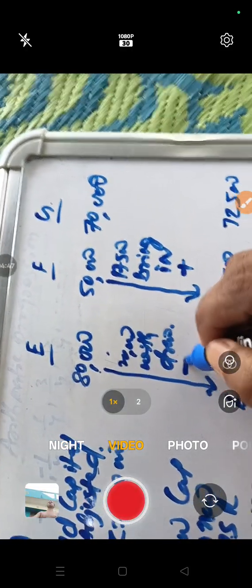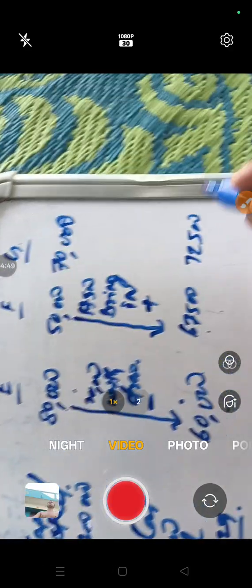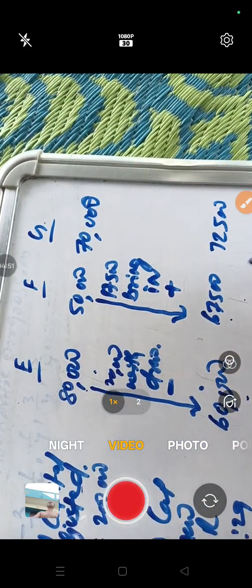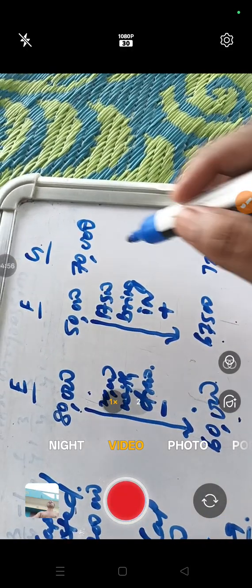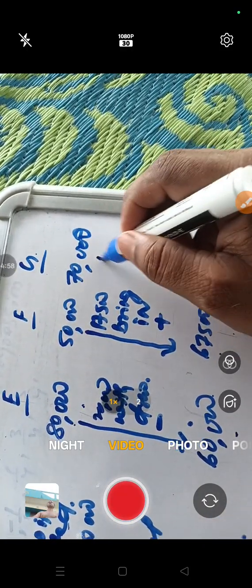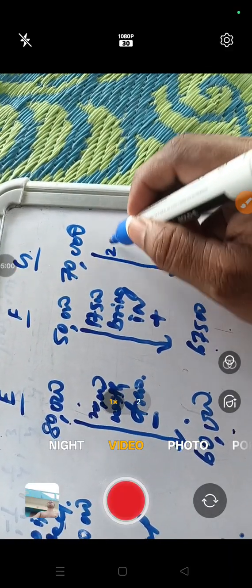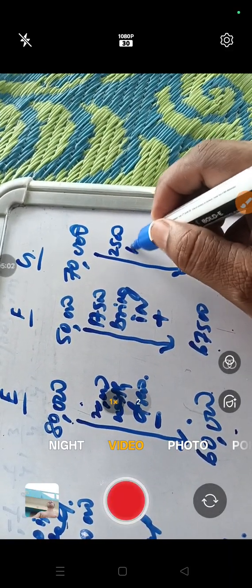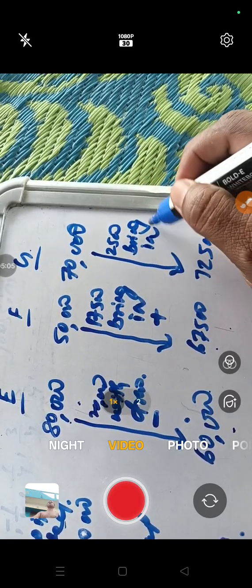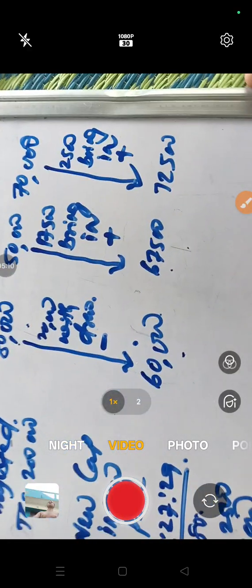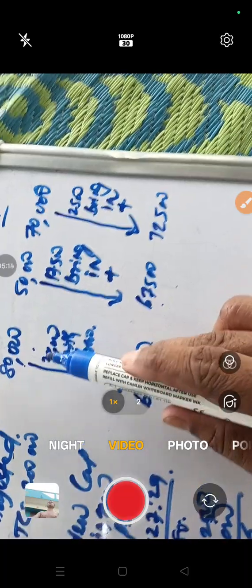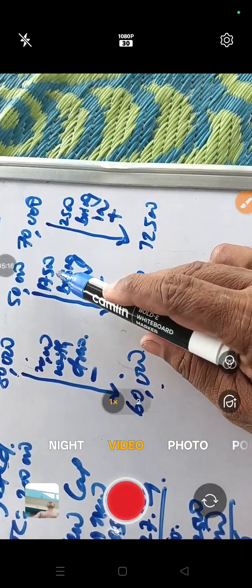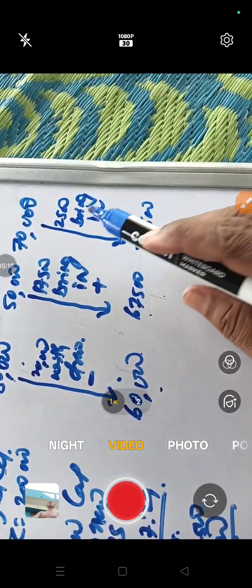This is minus, this is plus. In case of G, the new capital should be 72,500, but the old adjusted capital was 70,000, so he also needs to bring in 2,500. Finally, E will withdraw 20,000, F will bring in 17,500, and G will bring in 2,500 only.